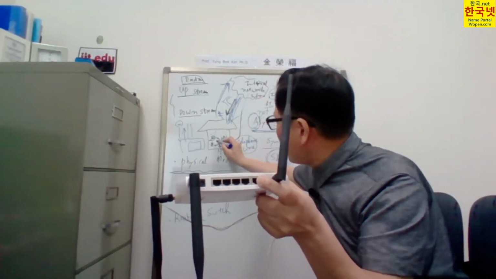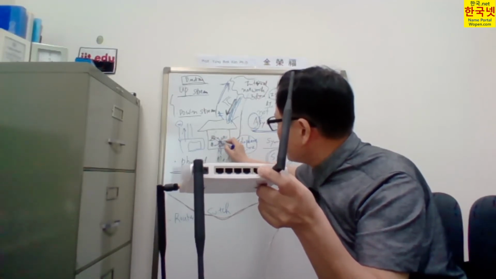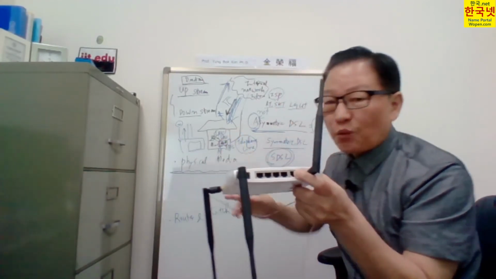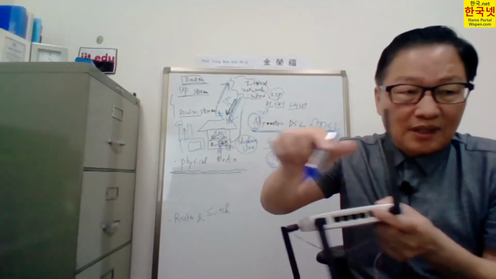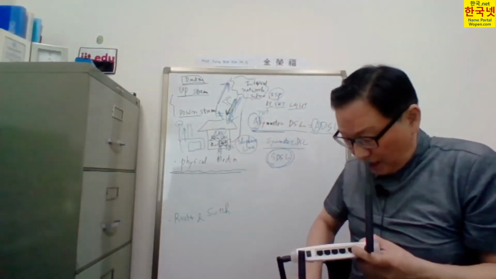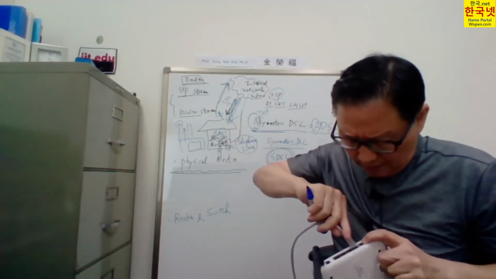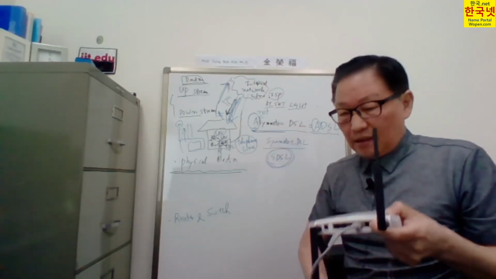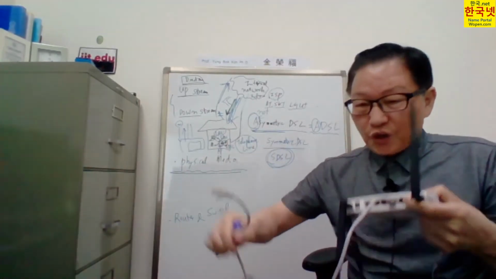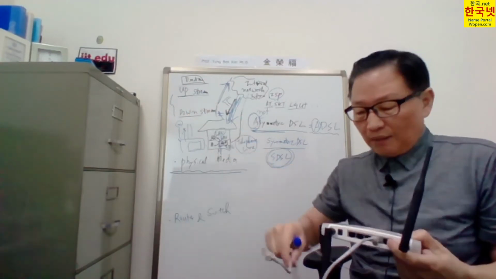Thus you can hook up a notebook or personal computer using an Ethernet cable. That is called the LAN port. This is a wired cable. And you can hook up here like this, and this one can be hooked up to the personal computer or notebook if you want to use this wired Ethernet cable.